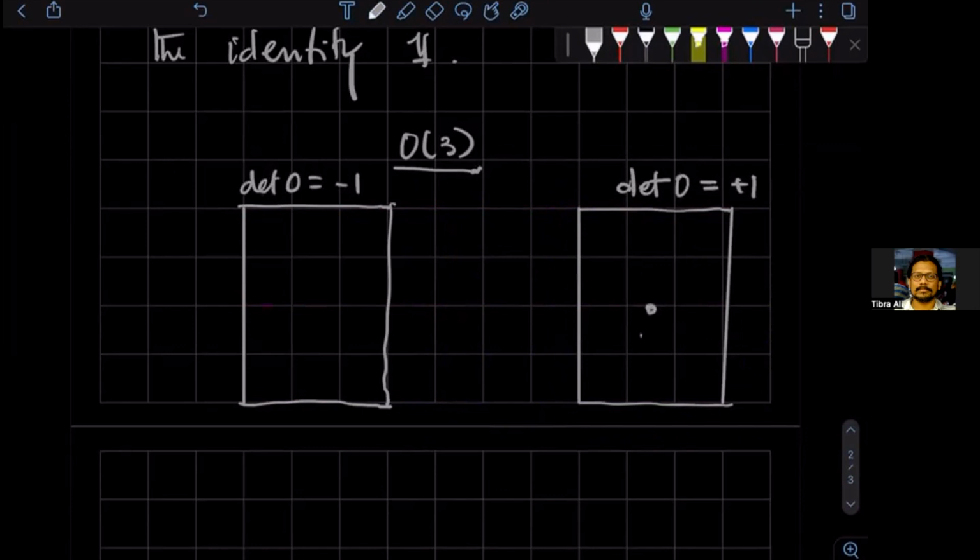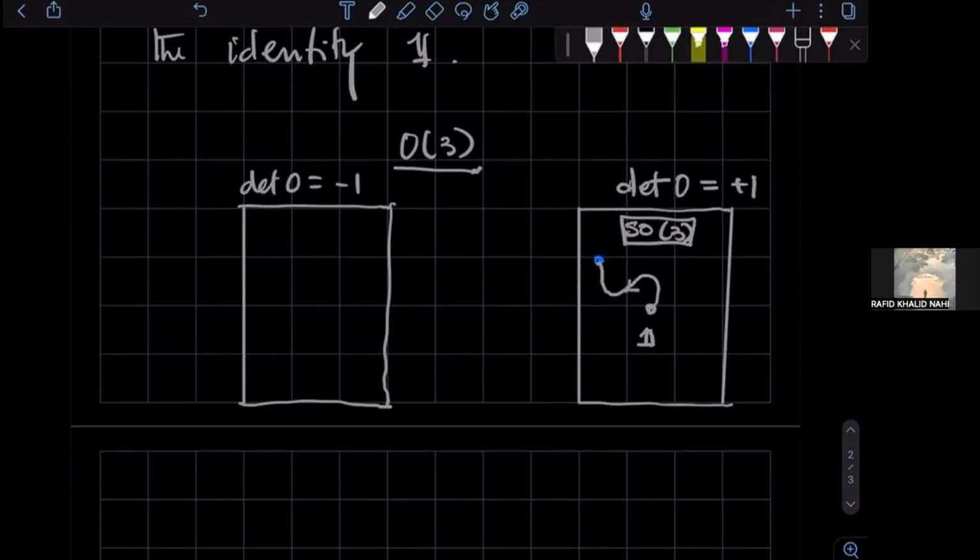And the identity element is in the +1 component. So this is essentially what we are calling SO3, this component of O3. So any element in SO3 can be continuously reached by some change of parameters from the identity element.